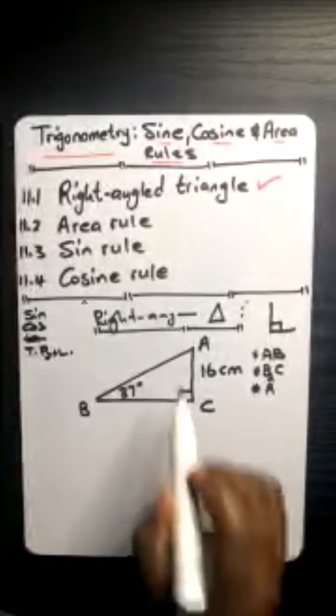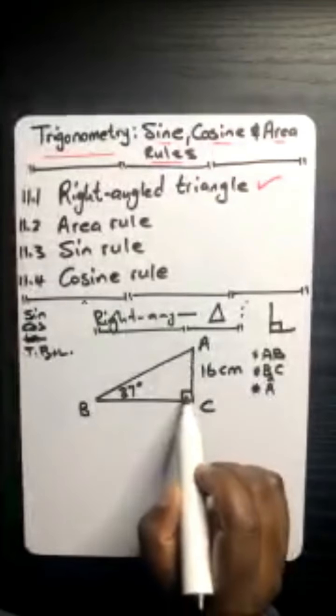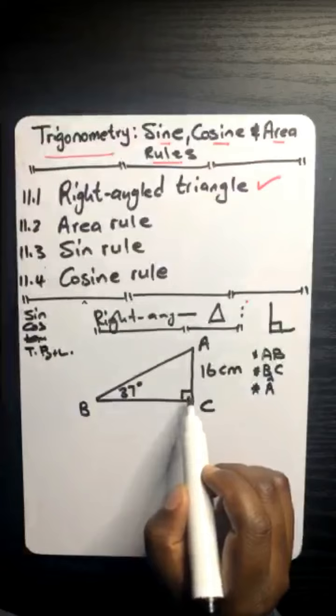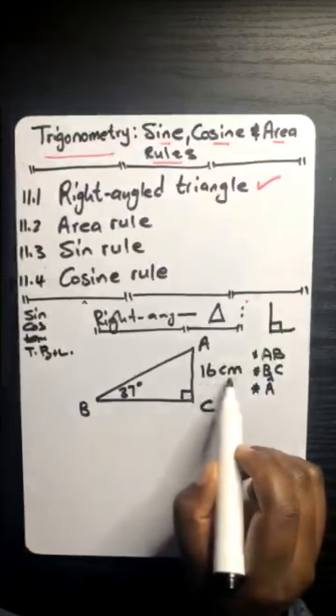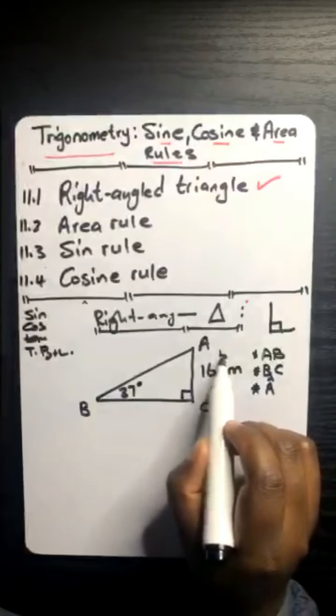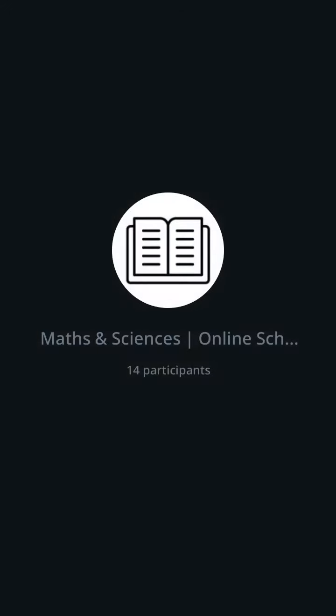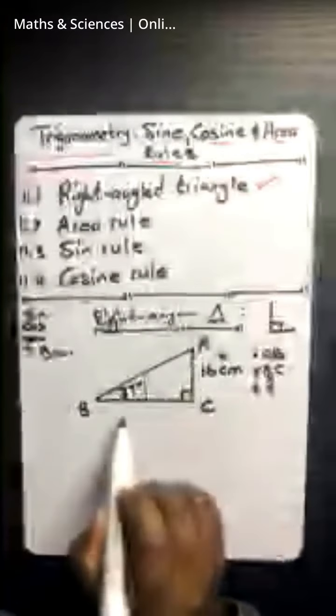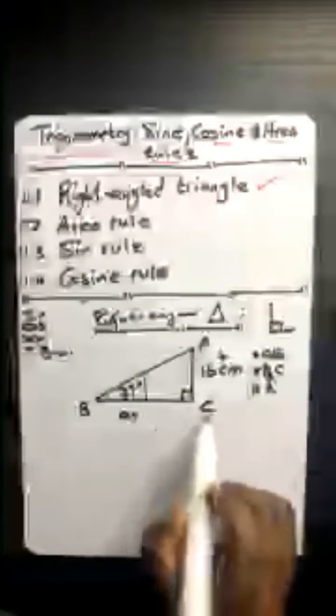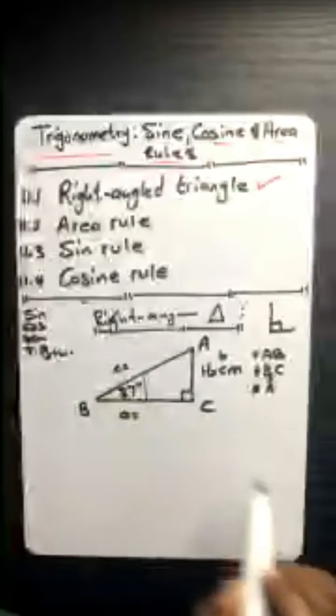Okay, because I know this is a right-angled triangle, then I know this side being small letter b. Why small letter b? Because it is opposite to that angle. So that means this is actually smaller than a, this is actually smaller than c.